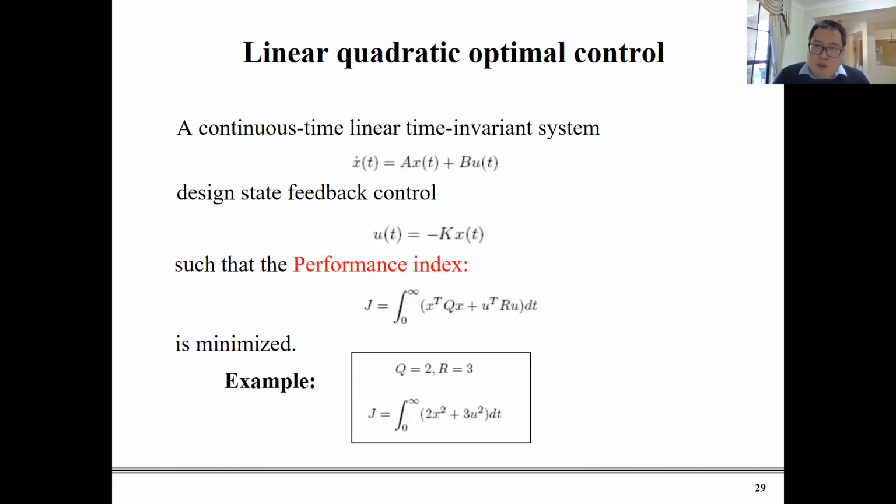Right? But which one is the best? Which one is optimal? That is the optimal control. The aim of the optimal control is to find a K to make this performance index minimized. That is the objective of the optimal control.